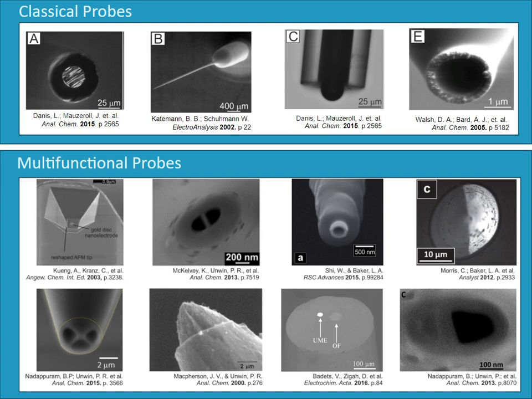And knowing the geometry of your electrode and being able to reproducibly produce microelectrodes is key. There are many types of probes. You see on the top part of the slide in A, B, C, E, that you can have a disc geometry electrode. In this case, it's a platinum.